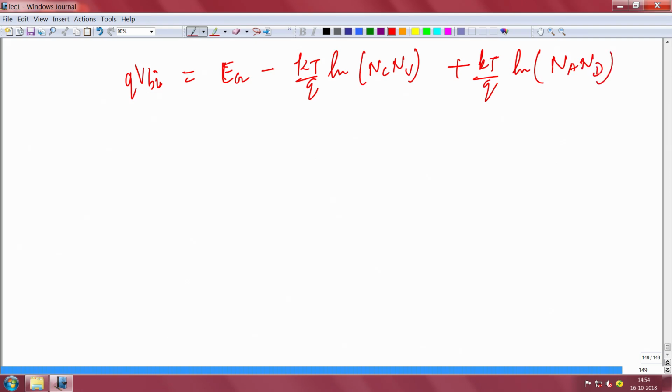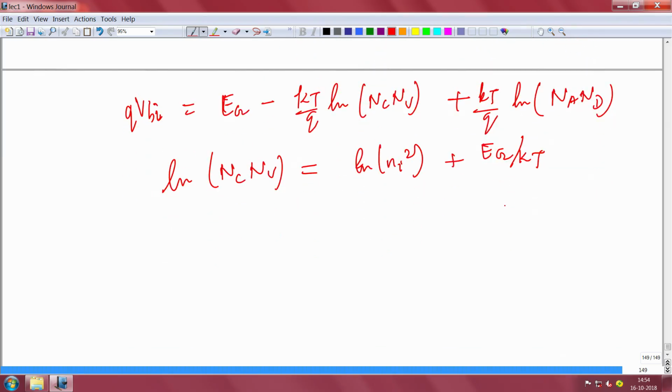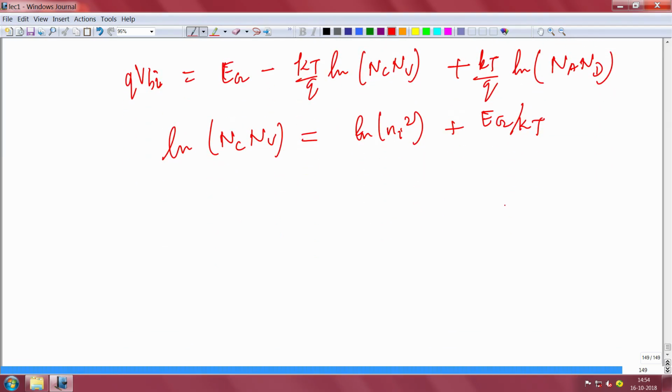And the second equation was that ln of Nc Nv is equal to ln of Ni square plus Eg by kT. So I just need to put this into this. How do I do that?